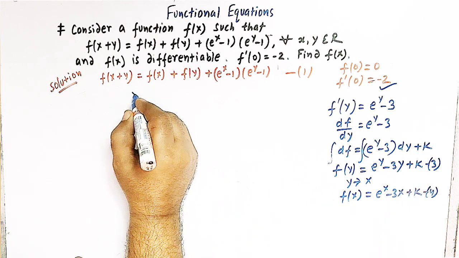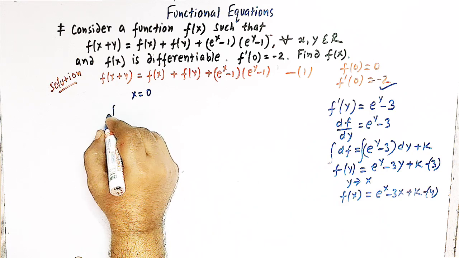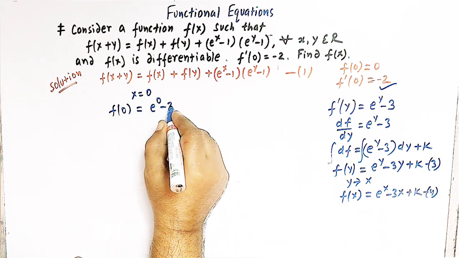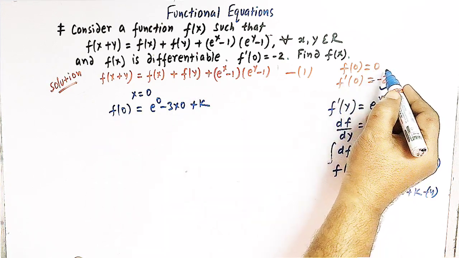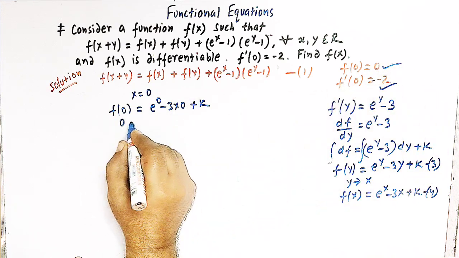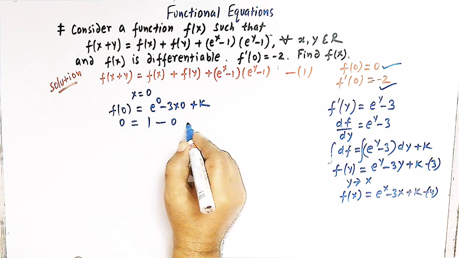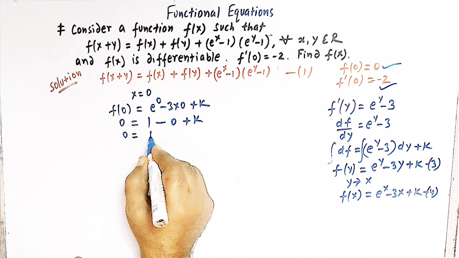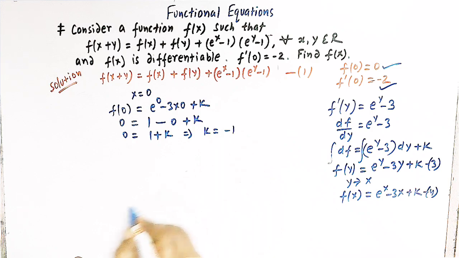Taking x is equal to 0 in equation number 4, we have f of 0 equal to e raised to 0 minus 3 times 0 plus k, and f of 0 is equal to 0. So here we have 0, e raised to 0 is 1, and this is 0, and plus k. So we have 0 is equal to 1 plus k, and this implies k is equal to minus 1.